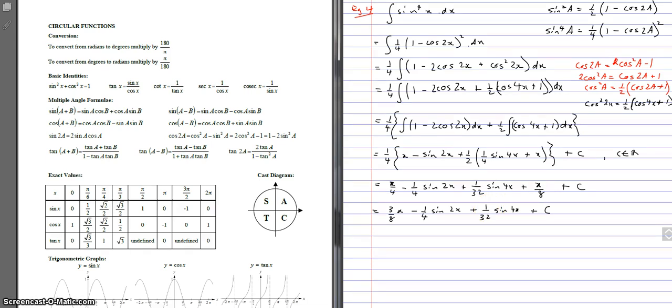So a bit more of a longer one, that one. But if we just have a look at the steps involved, we first need to change this power of 4, and we do that by using our sine squared a and then squaring both sides. Expanding our binomial product, we've reduced the power essentially by 2.